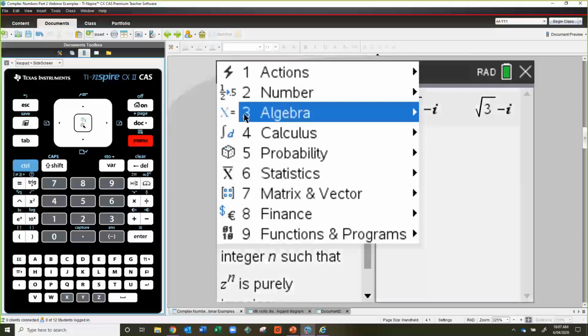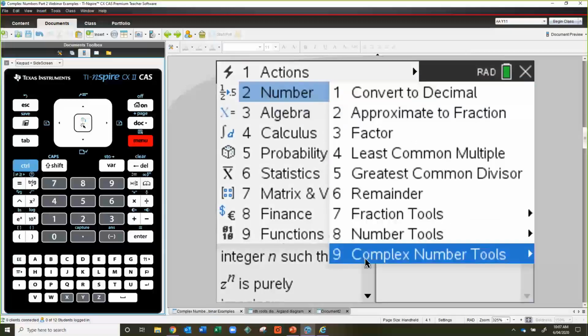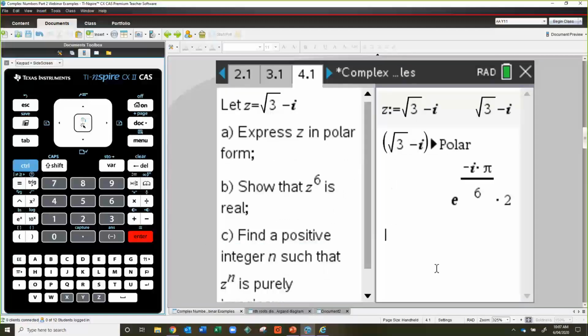Now we'll convert it using the complex number tool. Convert to polar, enter. So this number in polar form is 2 cis minus pi on 6. We know it is in the fourth quadrant, so the argument is negative. Now I can raise z to the power of 6, and of course the calculator will show me that it is real.